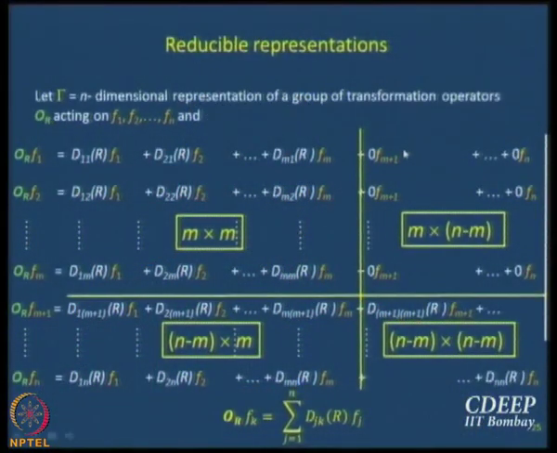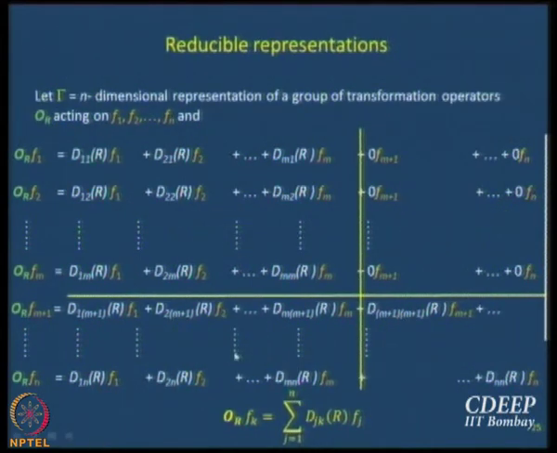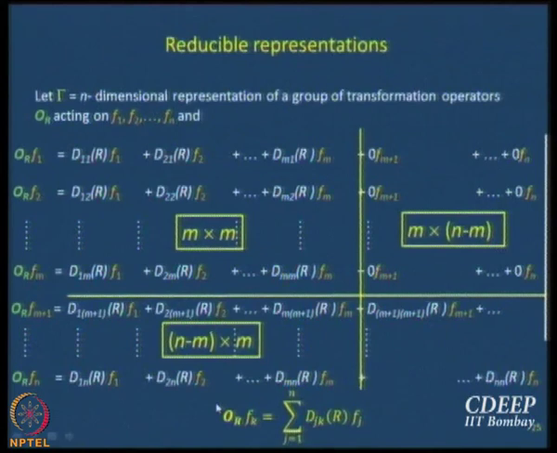It is a contribution of Fi, where i equals m plus 1 to n, in OR Fj, where j equals 1 to m. Now, this is the other block. This is the Q block. What does the Q block stand for? Contribution of F1 to Fn, F2 to Fn, F3 to Fn and so on and so forth. That has been proven to be 0.